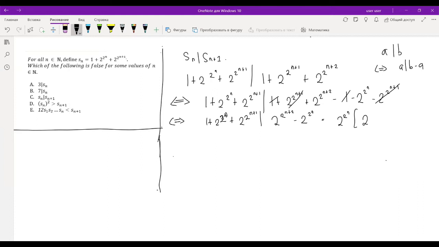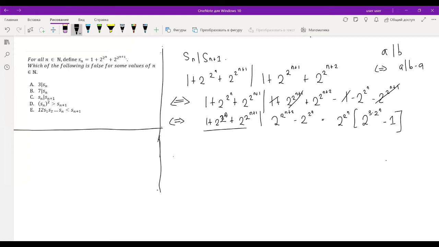The power of the first term will be 2 to the 2n times 2 squared minus 1. That will be 3 times 2 raised to power 2n. Then this is minus 1.